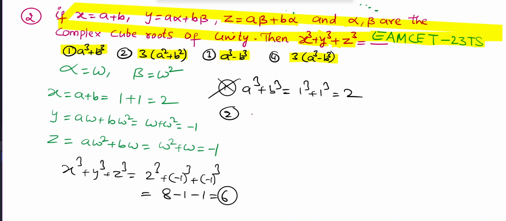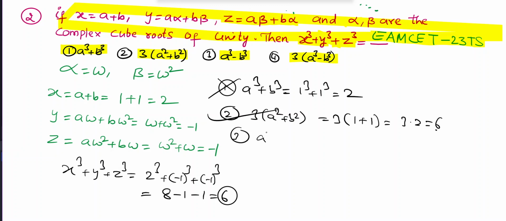The second option is 3 into (a square plus b square), that is 3 into (1 square plus 1 square), that is equal to 3 into 2 is equal to 6. This value is equal to this. Second option is the correct answer. And verify the third option also. This is a cube minus b cube, 1 cube minus 1 cube, that is equal to 0.